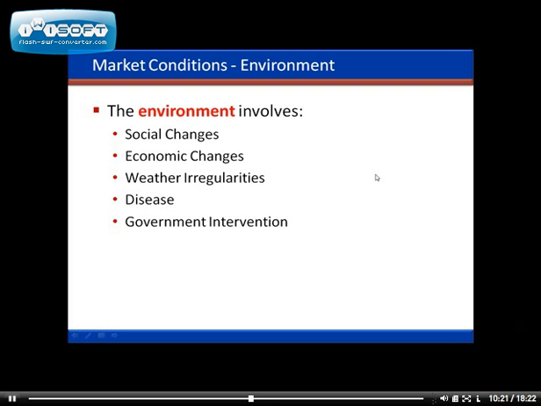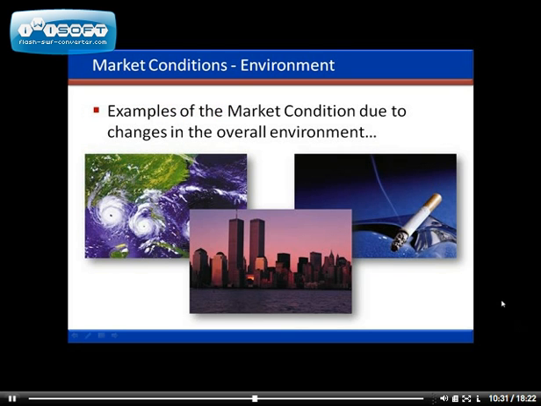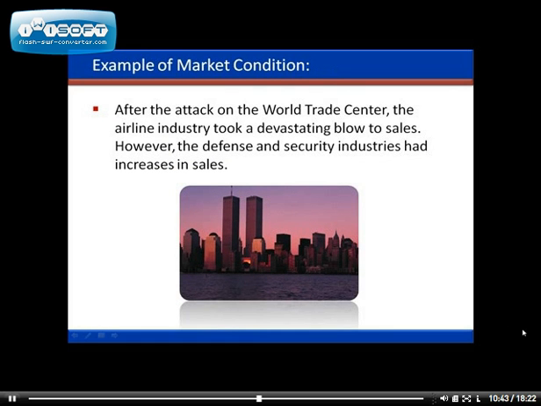The environment includes social changes, economic changes, which we just covered, weather irregularities, disease, and government intervention. And a couple of examples of market condition due to changes in the overall environment. We're going to take a look here. After the attack of the World Trade Center, the airline industry took a devastating blow in sales.